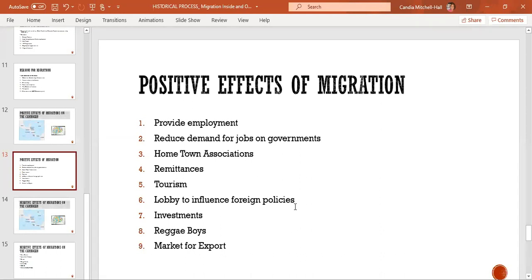So for example, those of our people who would have migrated and made it big abroad, once they make it big, they speak on behalf of our government in those territories, right? For example, we can use the example of Yvette Clarke.